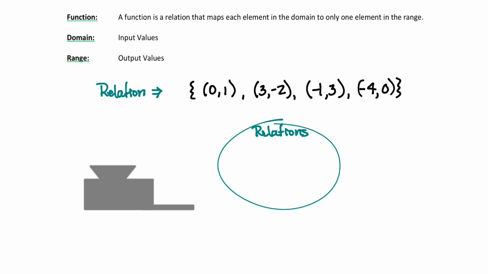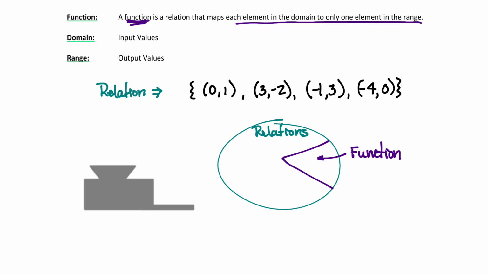So if this circle represents all relations, functions, right up here, functions represent the part of relations, it might be bigger than that, I don't know, that are specifically relations that every element in the domain has one element in the range. Okay?